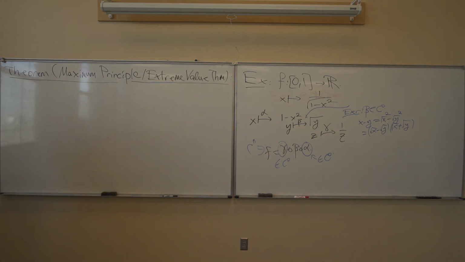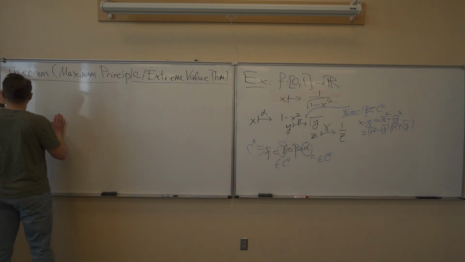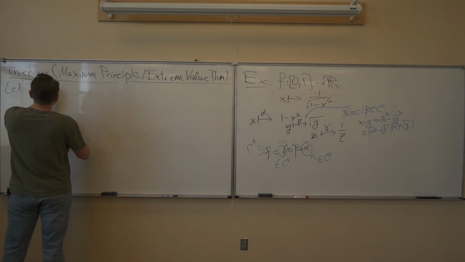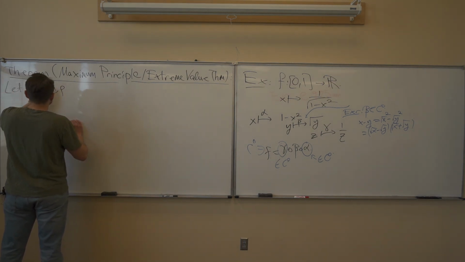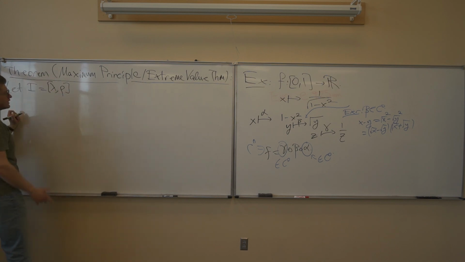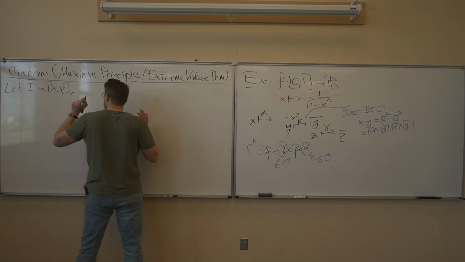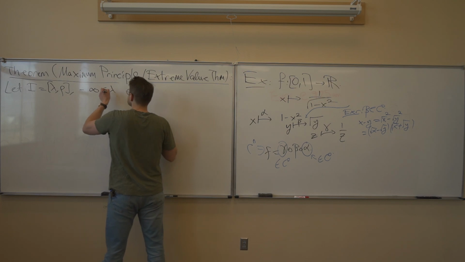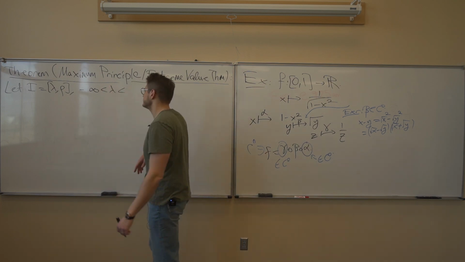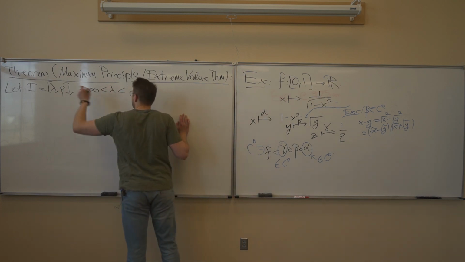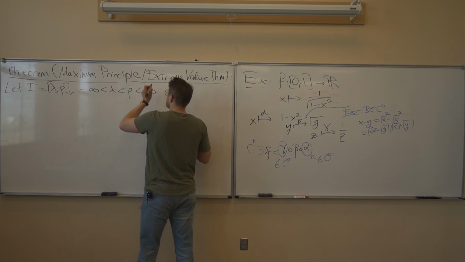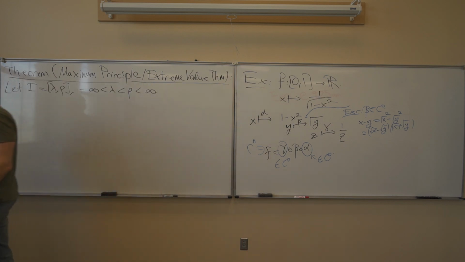Now I need to start with a closed and bounded interval. Let I be the closed interval from lambda to rho, so the left side, right side. And I want these to be actual numbers. And let's say that lambda is not equal to rho, so that this is not a point. Let me also let a function f defined on the interval I, taking real values, be continuous.